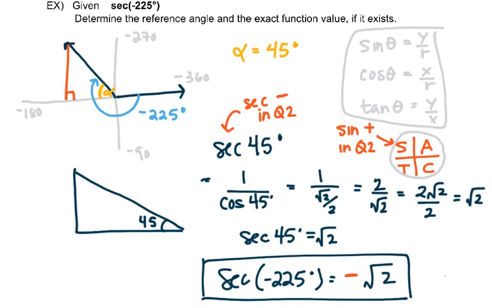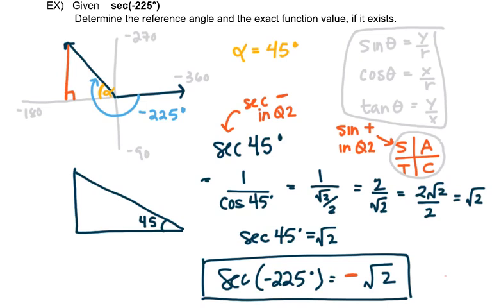And then we're using a reference triangle because it's easy for me to find sine, cosine, tangent, or the reciprocal functions for 45. So I'm going to take the number for secant of 45 and just negate it, since negative 225 puts it in quadrant 2. Remember, a 45-degree angle would be in positive quadrant 1.